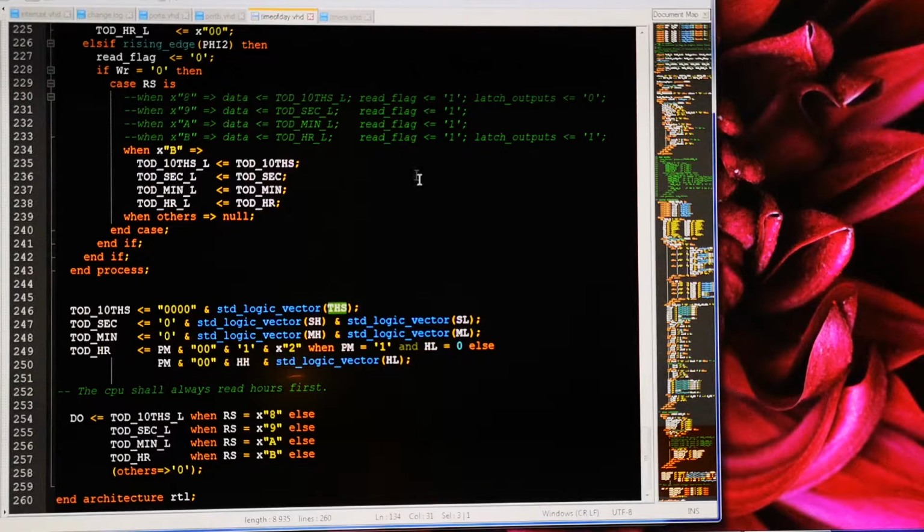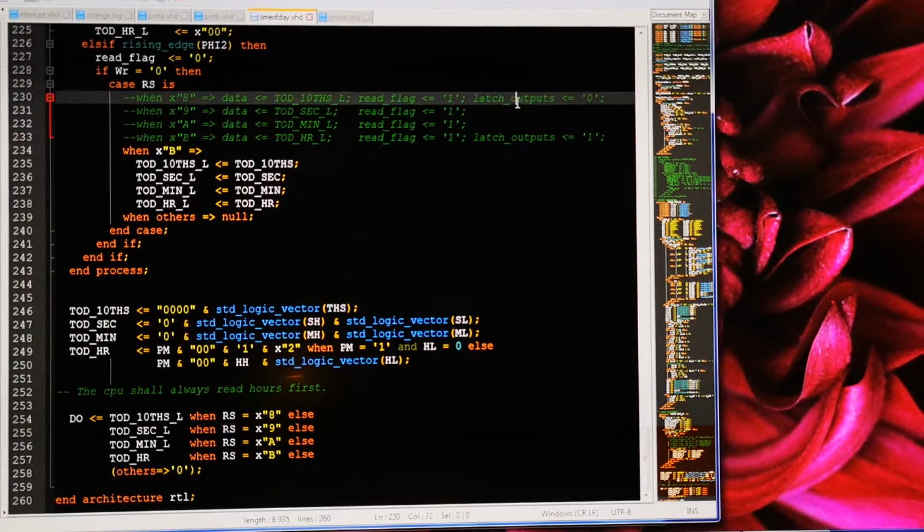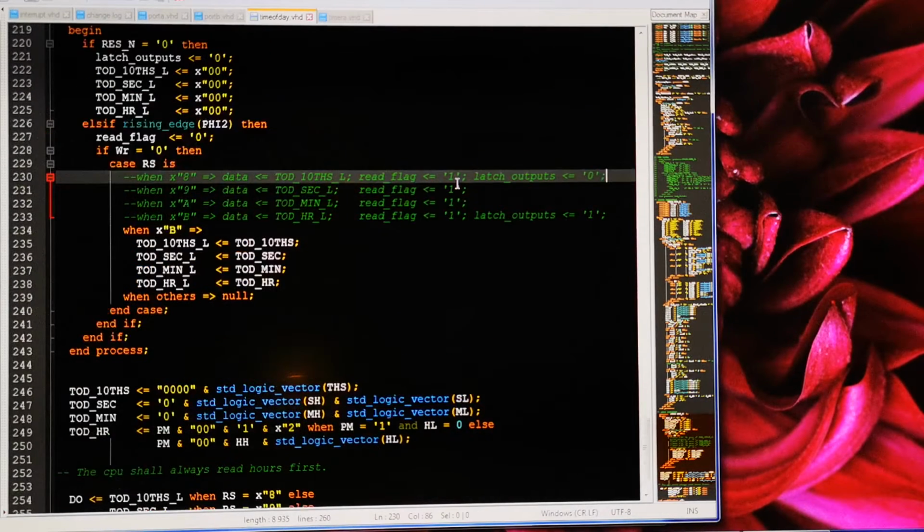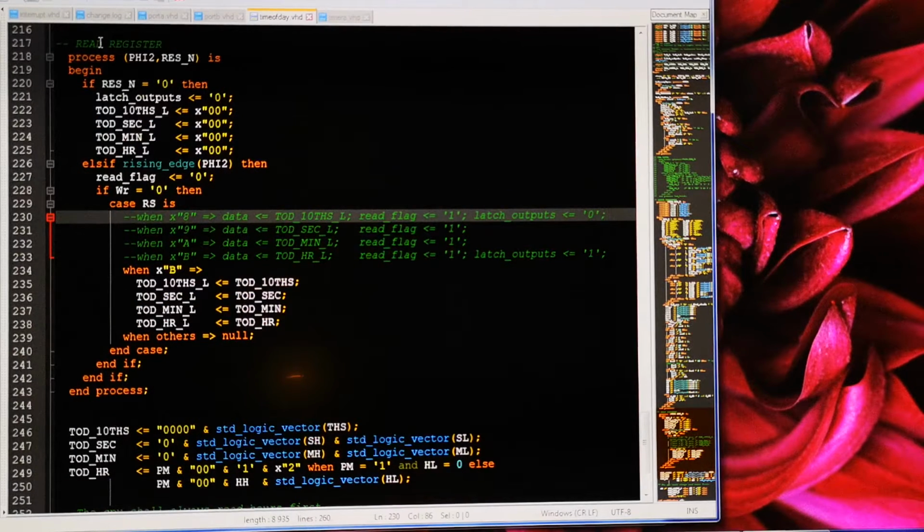I had a read flag thing and a latch output signal, but the problem with that is that it's one cycle late, and that makes it a bit complicated. It's not necessary. So instead of doing that, when we read the register, we will always start with reading the hour first.